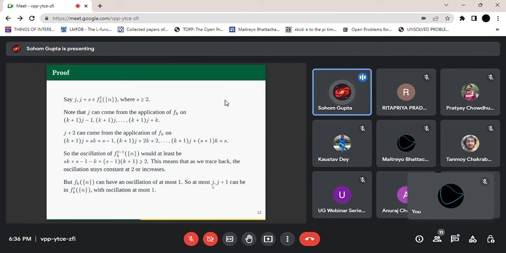Even if you apply this fk a large number of times on a singleton set, at most you would end up with 2 consecutive numbers and no more. So there is no unboundedness, there's nothing like that. We are relieved that it doesn't blow up. It's just 2 elements at most, and those 2 elements have to be consecutive.